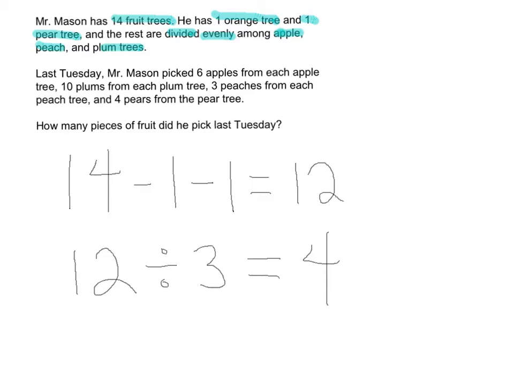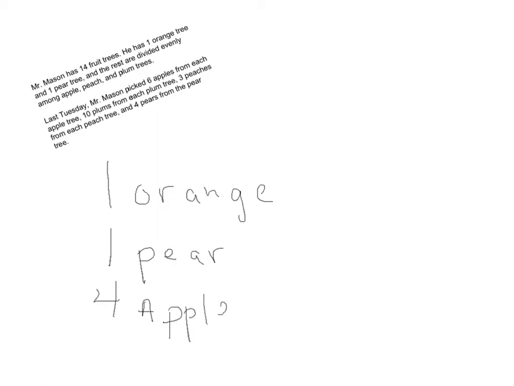So now I need to go to the next step. I now need to take those trees, which was 1 orange tree, 1 pear tree, and it was also 4 apple, 4 peach, and 4 plum.